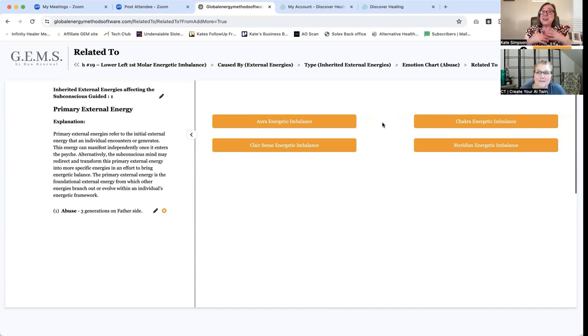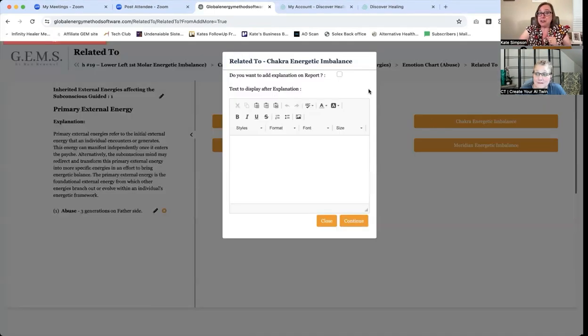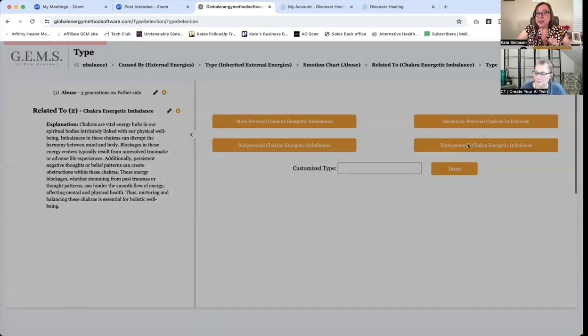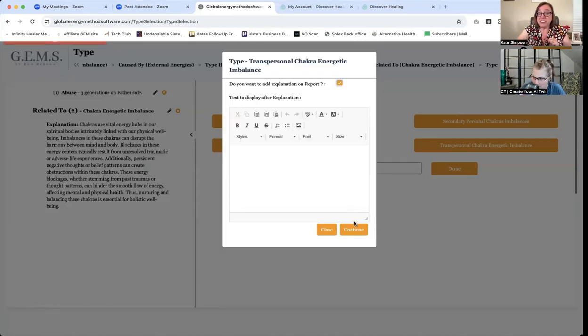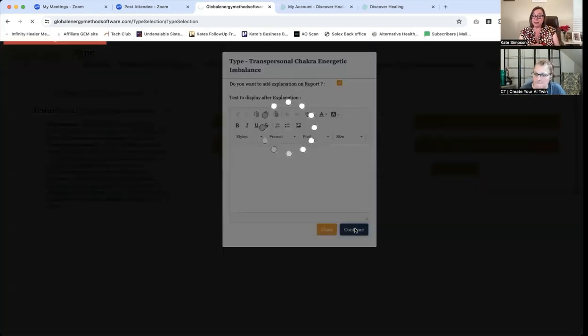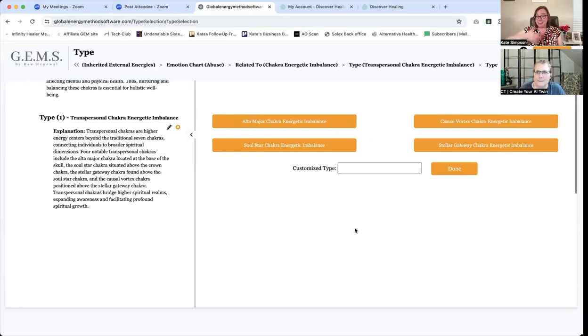Okay. So there is another imbalance here within your energy system. This is an imbalance in one of your chakras. All right. So we are working with a transpersonal chakra. Most people know the seven main ones that go up and down the body and have different colors. We actually have a whole lot more chakras than that.